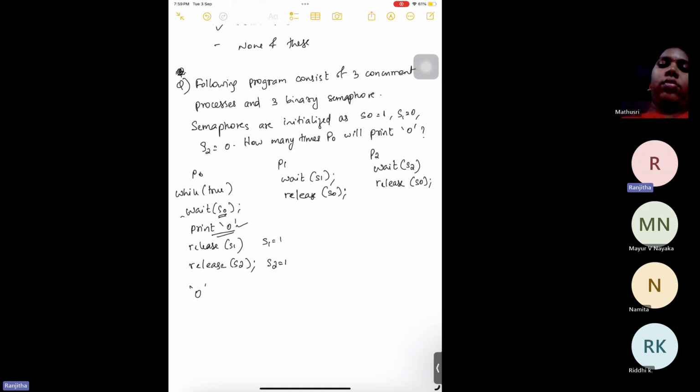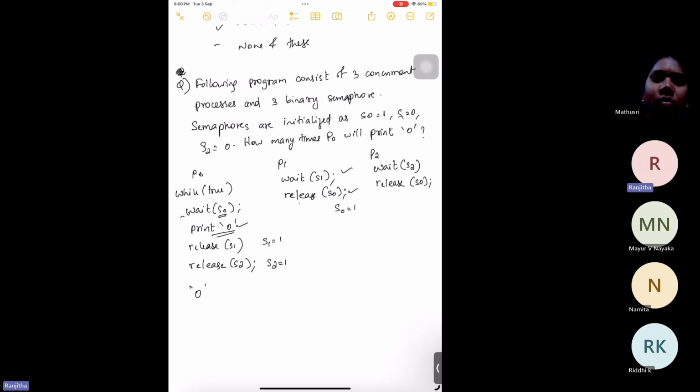Now immediately when S1 and S2 are released, P1 will enter here because now S1 is 1 and it will release S0. So now S0 will become 1. Again, if we go to P2, P2 is waiting on S2.